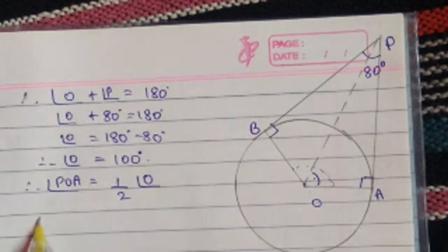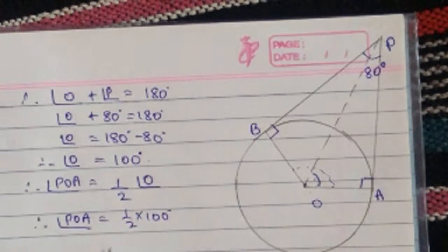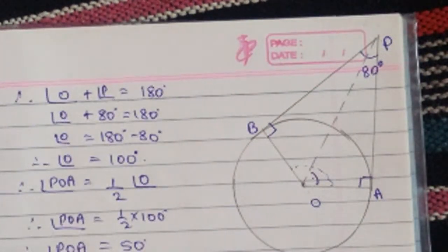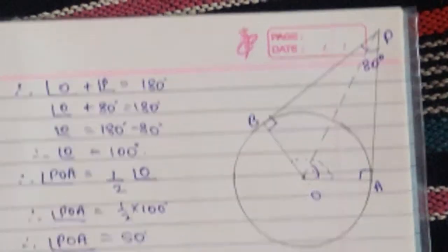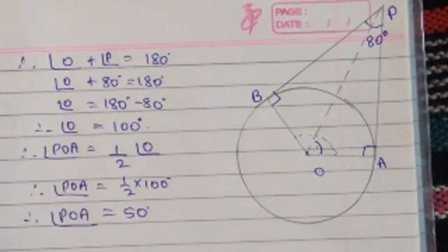So therefore angle POA is equal to half, and angle O is how much? 100 degree. Therefore this is equal to 50 degree. Angle POA is equal to 50 degree. How many of you understood this? Very simple one.